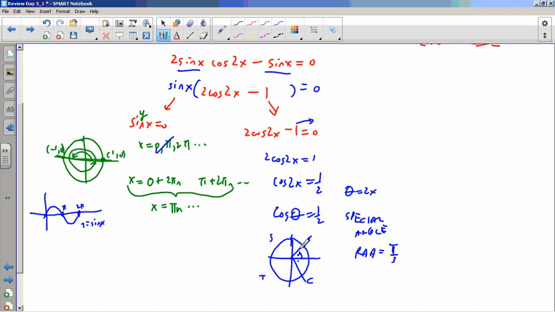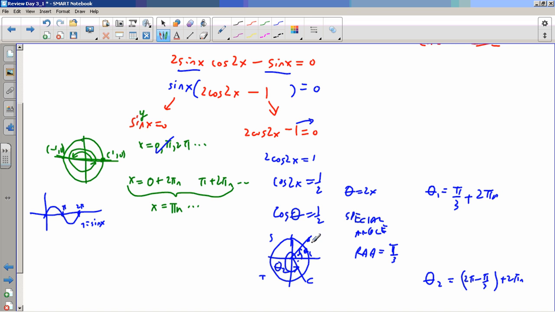This is theta 1, which is pi over 3 plus 2 pi n. I'm going to solve this in a second. But where's my second solution, theta 2? This is going to be the related acute angle pi over 3, so this is 2 pi subtract pi over 3, plus 2 pi n, and I'll deal with that mess later.